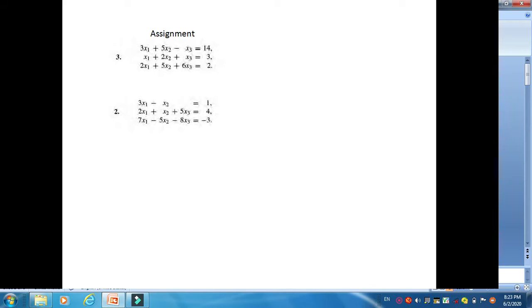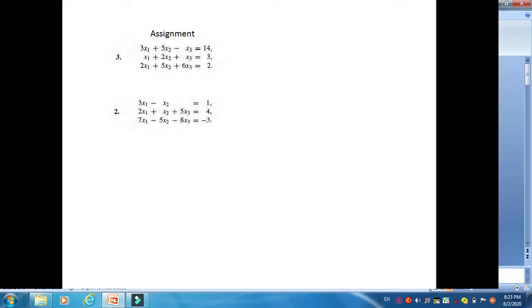Similarly, in example 2, first you have to write the three equations as an augmented matrix, and then apply the elementary row operations, and after that find the ref, reduced echelon form.